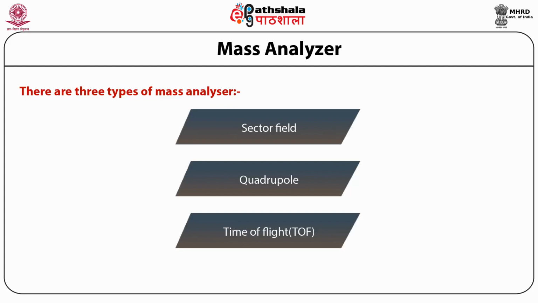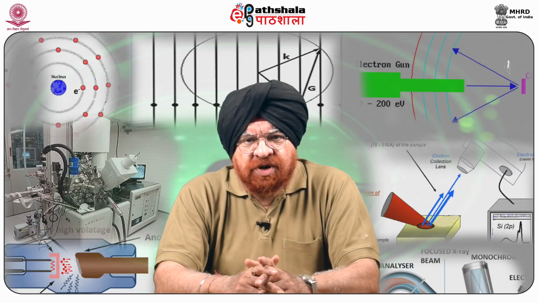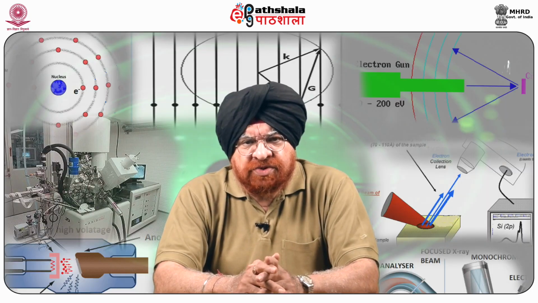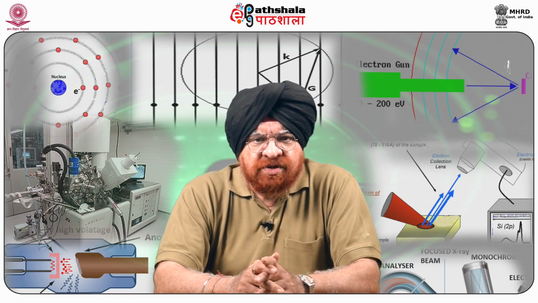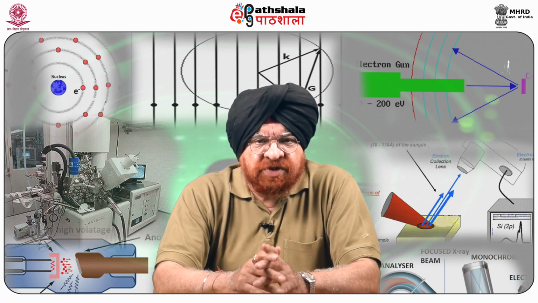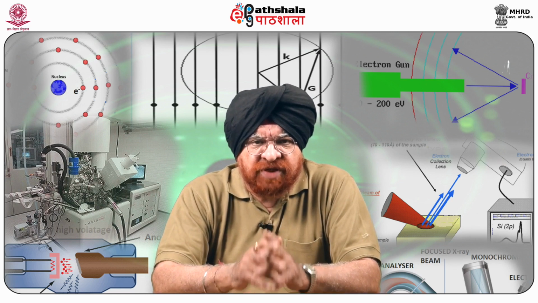It must possess the following characteristics: it must have high resolution, and it must have a high rate of transmission of ions. There are three types of mass analyzers as explained earlier: first is sector field, second is quadrupole, and third is time of flight. Now, having studied the earlier concepts, we shall discuss each type in brief.